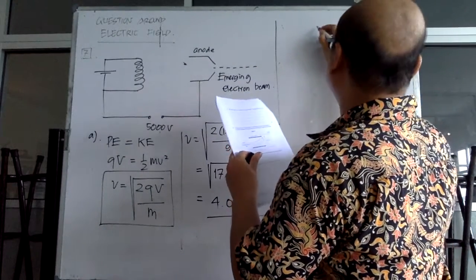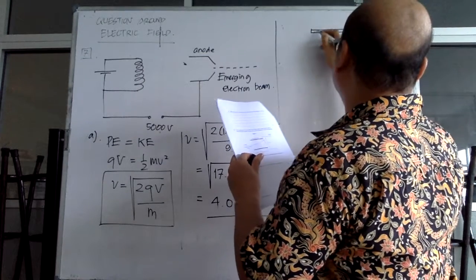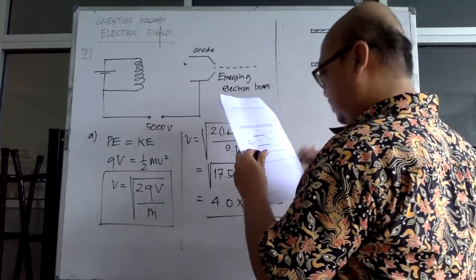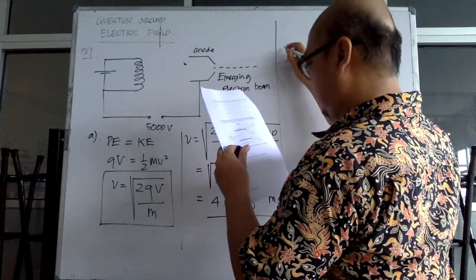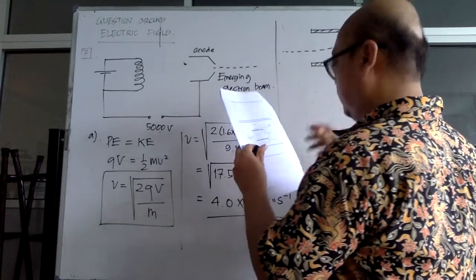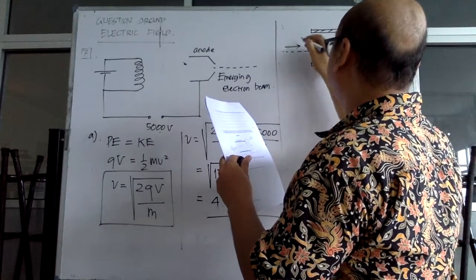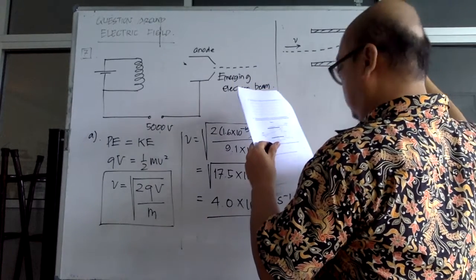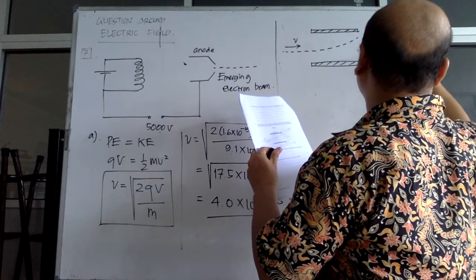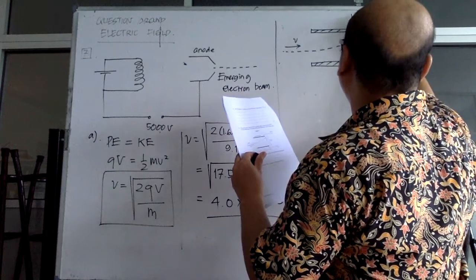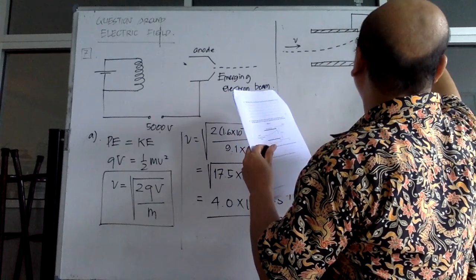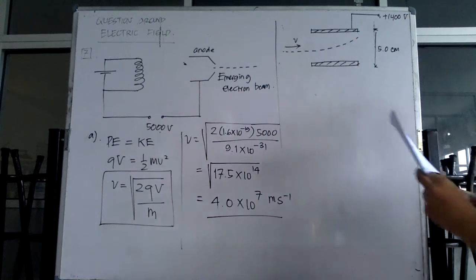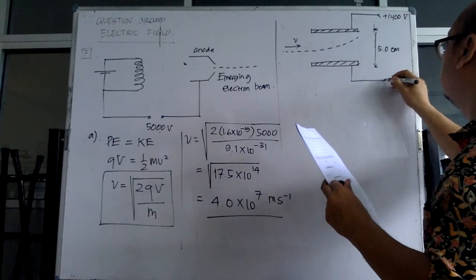We have horizontal plates and the emerging electron beam with velocity v. The distance between the two plates is 5.0 centimeters, and this one is positive 1400 volt and this one is 0 volt.